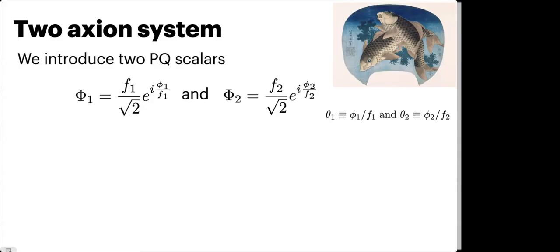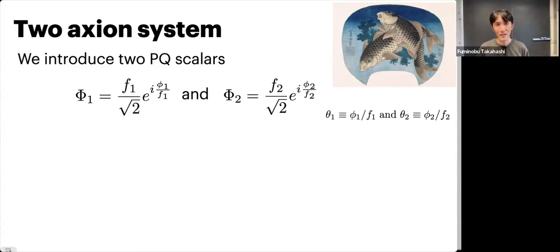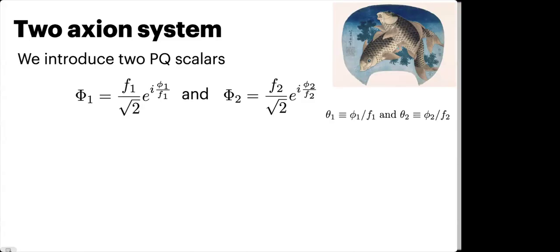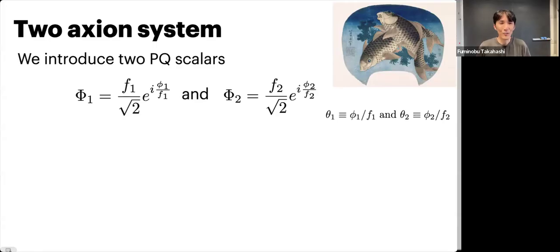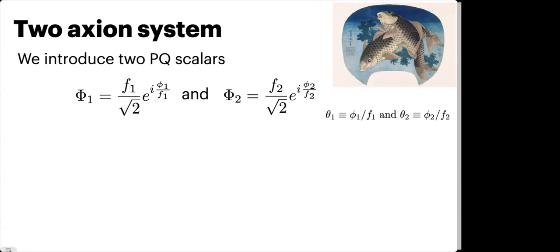But here I've just considered two PQ scalars. We don't care about further UV completion. And you can increase the number of phi_i as many as you like. If you wish, of course, you could consider three PQ scalars, four PQ scalars, but as a first step, let us consider the minimally extended PQ model.